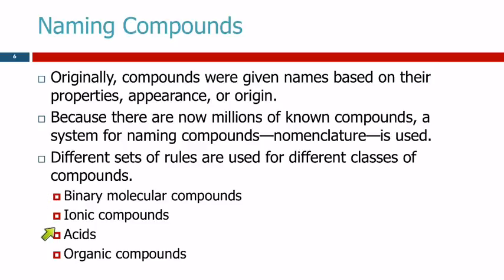And we're going to look at how to name the first 3. We're not really going to go into the organic compounds. The textbook touches on it a little bit, and that's about as deep as you'll go even in Chem 1A, and so you won't have any trouble with that when you get to Chem 1A. This is the part that you really need to have some understanding of before you get to Chem 1A.